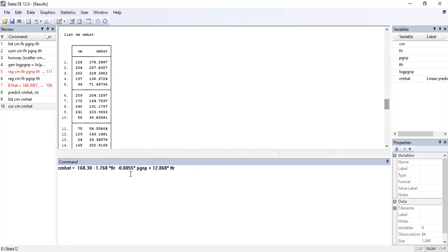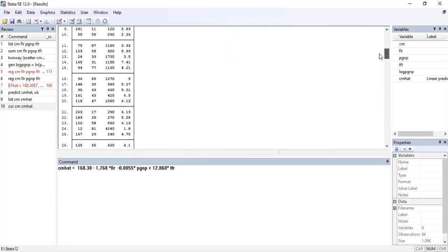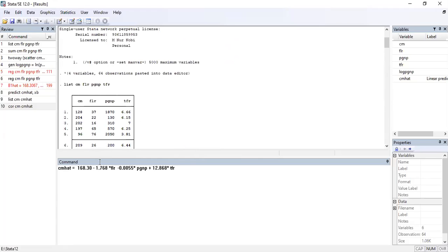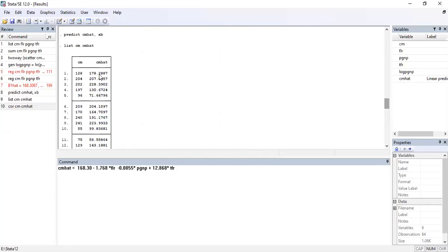You plug in the first set of values of FLR, PGNP, TFR from here: 168 minus 1.768 multiplied by 37, minus 0.0055 multiplied by 1817, plus 12.868 multiplied by 6.66. If you plug all the values of the independent variables into your estimated model, you get the first CM hat. You can try with your Excel sheet, and you will get whatever we got here, 178.28. The second value is 207. How do you get 207.83?